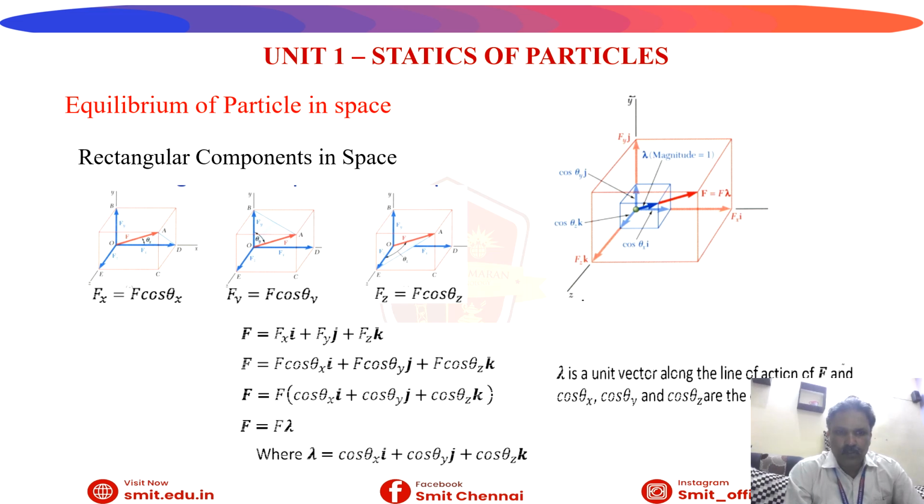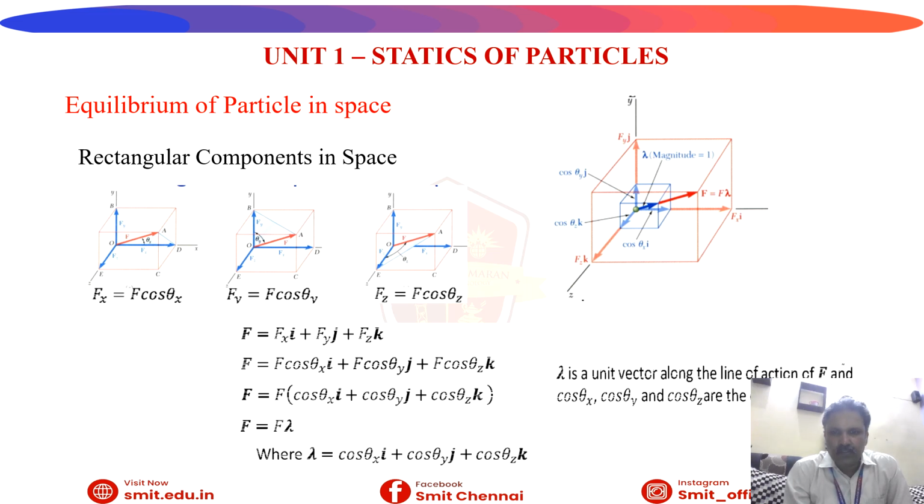We have the force F that is acting along X, having inclination with the X axis, then Fx equals F cos theta x. Same thing along the Y axis, we can write Fy equals F cos theta y.